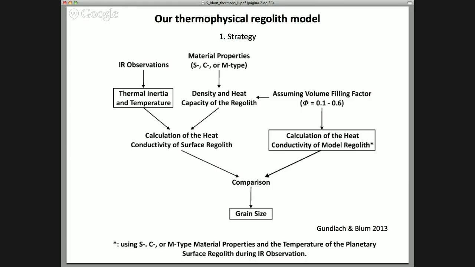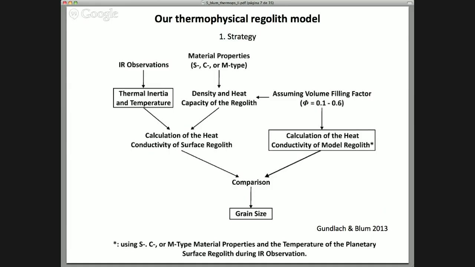Derive a model that I will be talking about in just a minute, and compare it to the heat conductivity, the thermal inertia observed by some of you. If we have a match for the same material and the same porosity, we can derive a grain size. And that is the main output of our study. We derive the typical grain size, which is the typical grain size for the thermal properties, not necessarily for the optical.